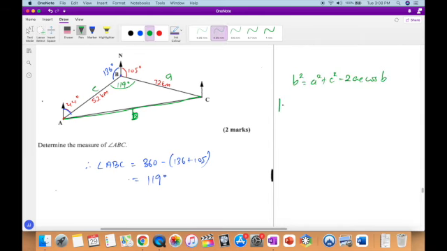So that means that b squared is going to be equal to a squared, which is 52 squared plus, well, 72 plus 52, doesn't really matter, minus 2 into a, 72 times 52, the cos of 119 degrees. Be very careful with all of this. This will really test how you use your calculator.